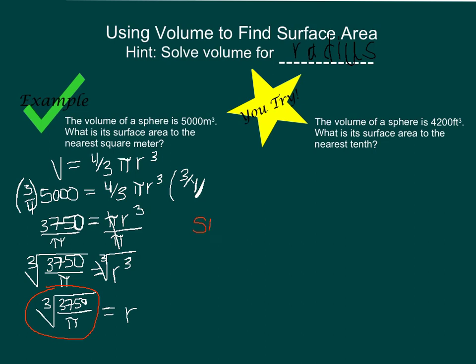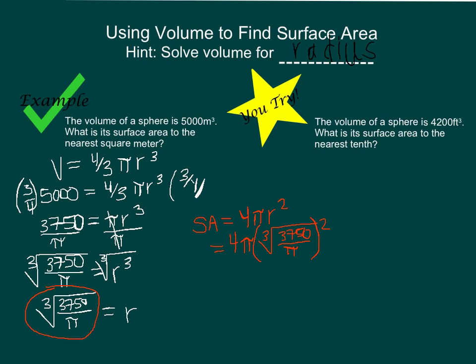So surface area is equal to 4 pi r squared. So surface area is equal to 4 times pi times the cubed root of 3750 over pi, and that quantity is being squared.